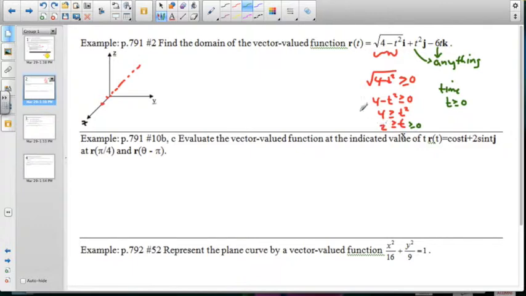So then when we talk about finding the domain of the vector, we have to stick with the most restrictive conditions. So we take a look at this and say, well, this can be true. We have to stick with t between 0 and 2, but we could also stick between 0 and negative 2 and be okay as well.